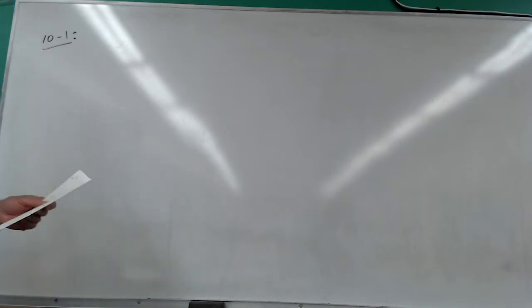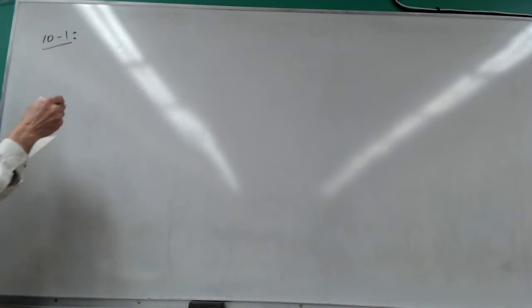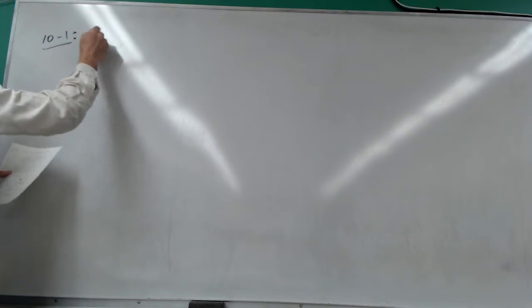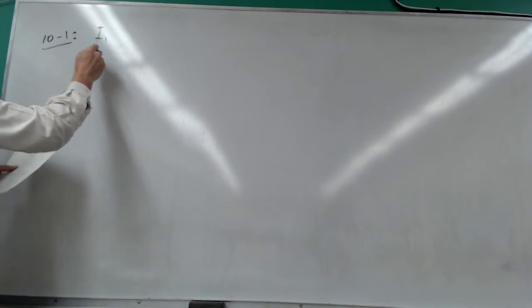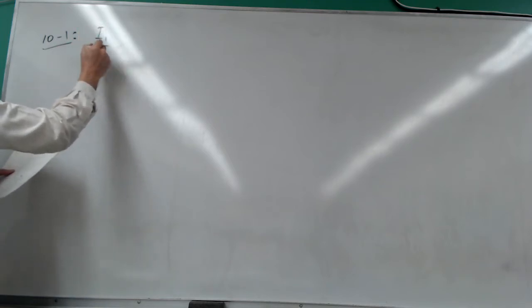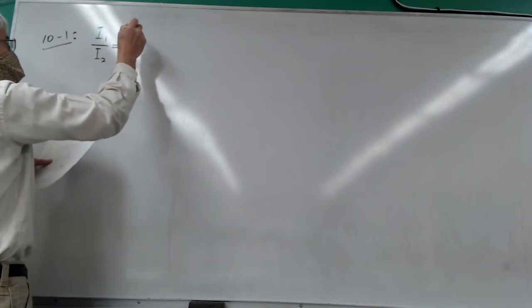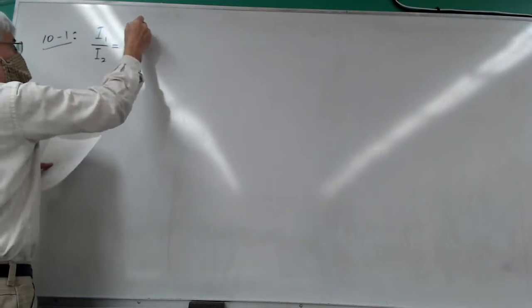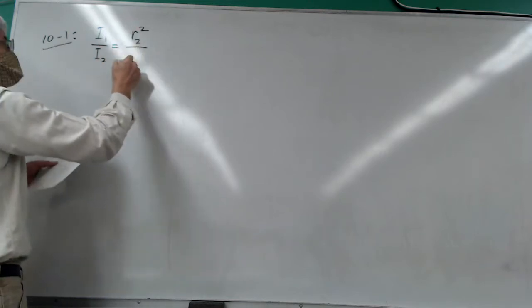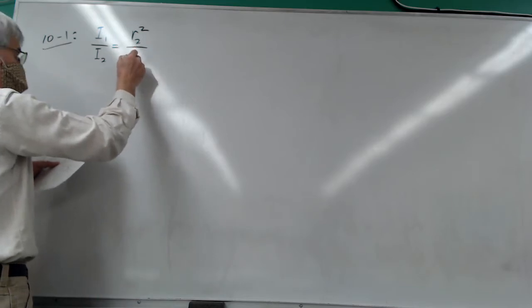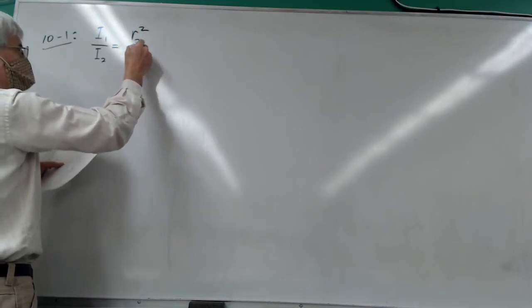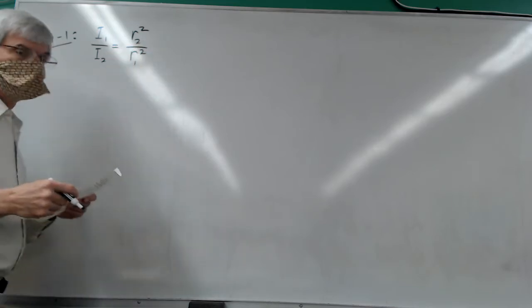So from the box just above the question, intensity at point number 1 over intensity at point number 2 equals the radius out to point number 2 squared over the radius out to point number 1 squared.